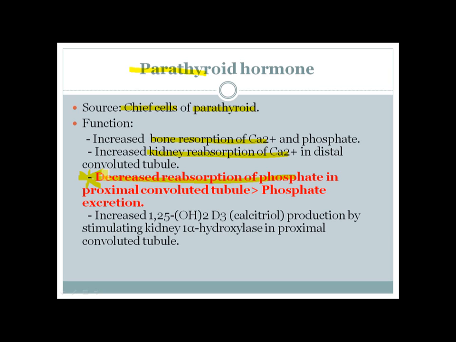Parathyroid hormone also increases production of calcitriol, the active form of vitamin D, by stimulating the ultimate enzyme, which is 1-alpha hydroxylase, present in the proximal convoluted tubule of the kidney. By this, it also increases reabsorption of calcium in the gut.